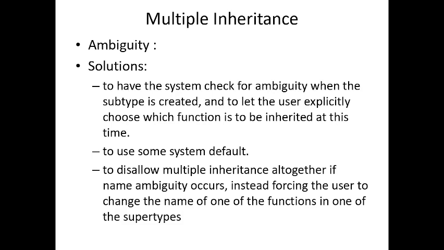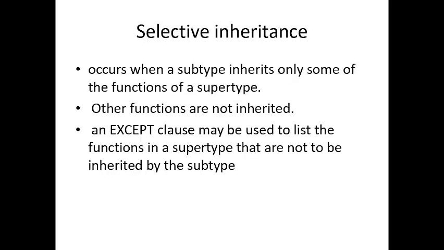In the object database standard, multiple inheritance is allowed for operation inheritance of interfaces, but is not allowed for extends inheritance of classes. And we have selective inheritance, which occurs when a subtype inherits only some of the functions of a supertype. Other functions are not inherited.